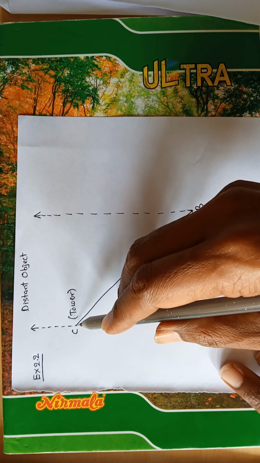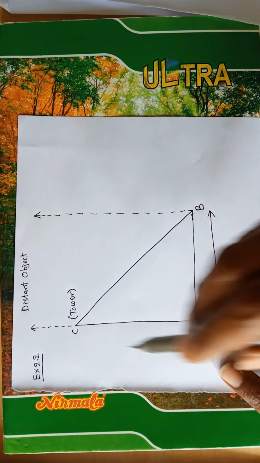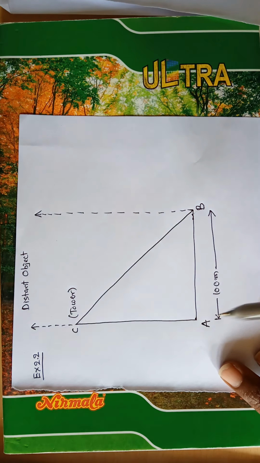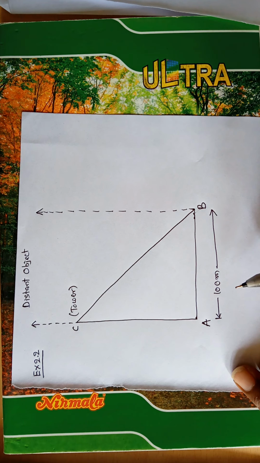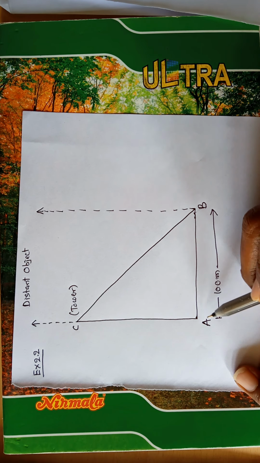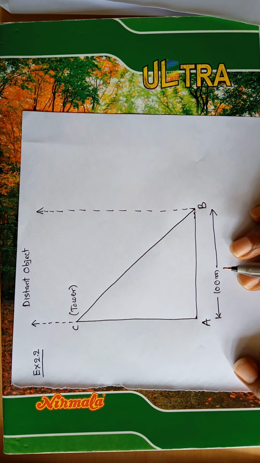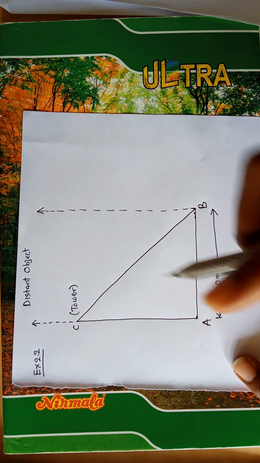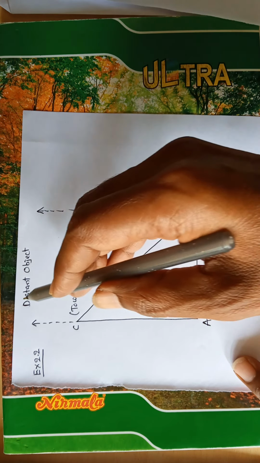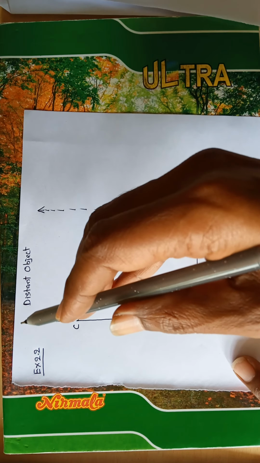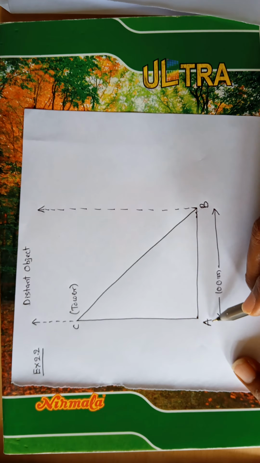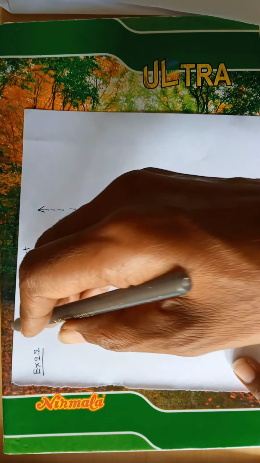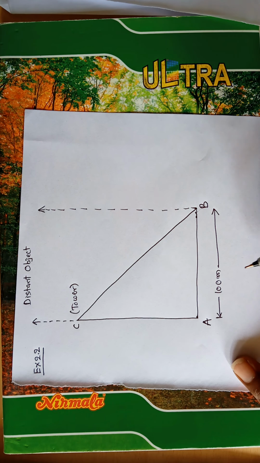C point is the top of the tower, and you are standing at A. Standing at A, you see the top of the tower and a distant object. Both are in the same line. They are coinciding. So you have chosen this point such that the top of the tower and a distant object both coincide.